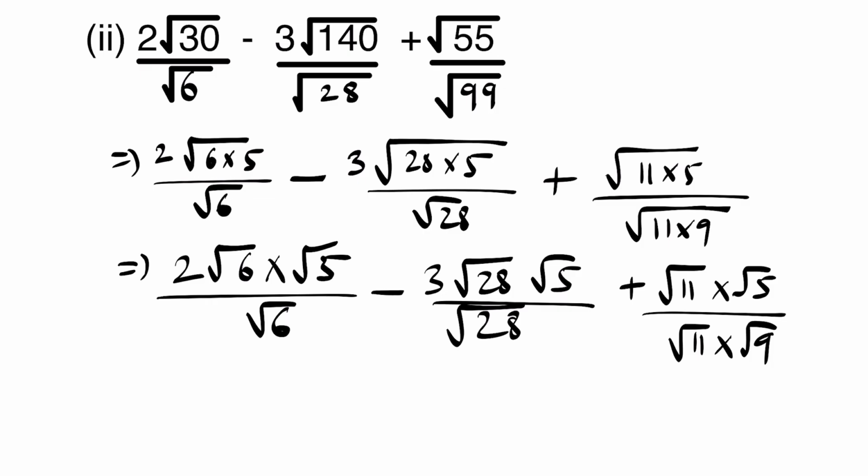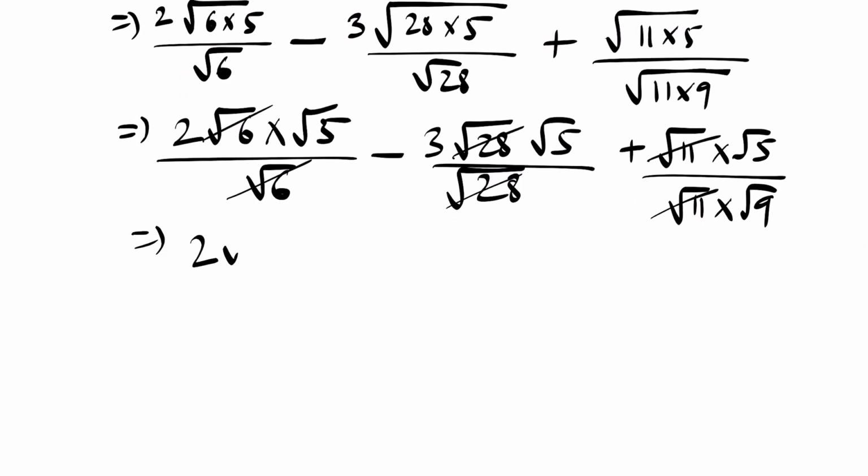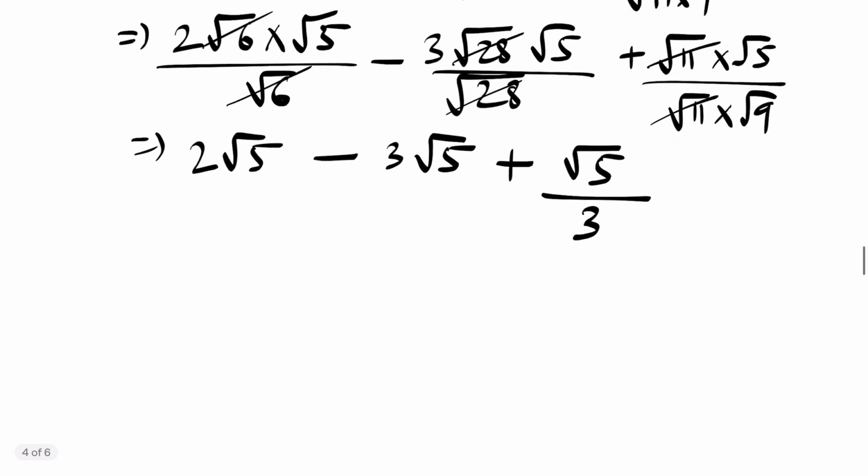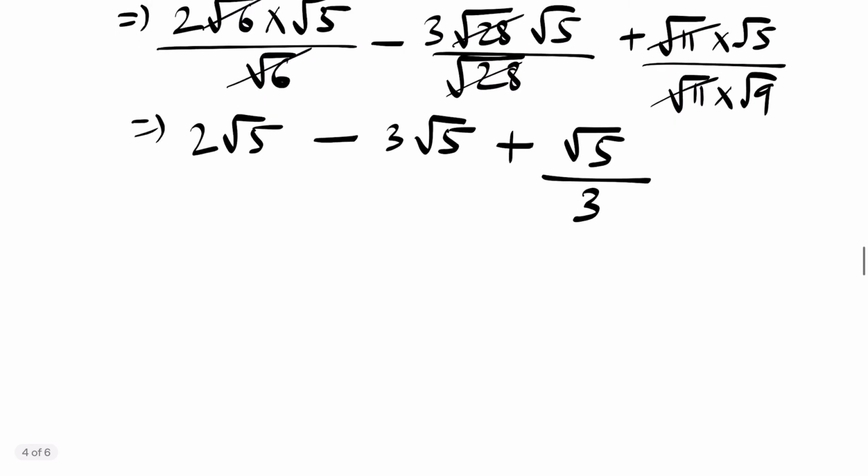Okay, so this will cancel out, cancel out, cancel out. So this is 2 root 5 minus 3 root 5 and plus root 5 upon 3.